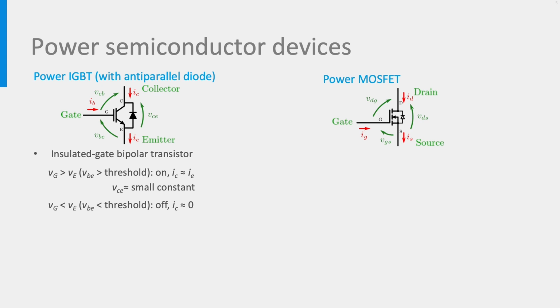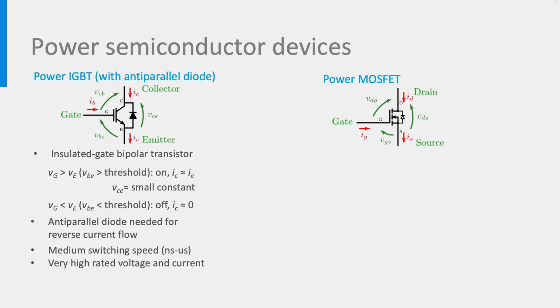When VBE is less than the threshold value, the IGBT will not conduct, leading IC to almost 0 ampere. Since the IGBT can conduct in only one direction, the anti-parallel diode is needed for reverse current flow. It has a medium switching speed that ranges from nanoseconds to microseconds. Due to their capacity to conduct a large current at high voltage, they usually have high ratings.